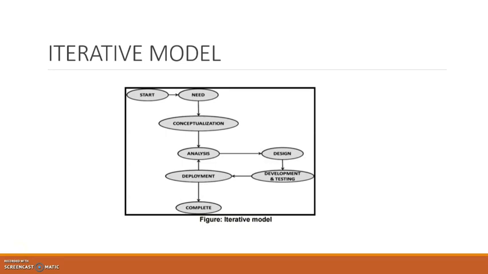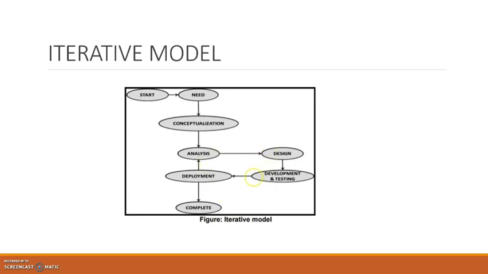This iterative model is similar to the waterfall model itself. The only difference is that you can clearly see a loop formed here, with cycle-wise steps happening, and this loop will run multiple cycles until all the ambiguities and all the errors are resolved.